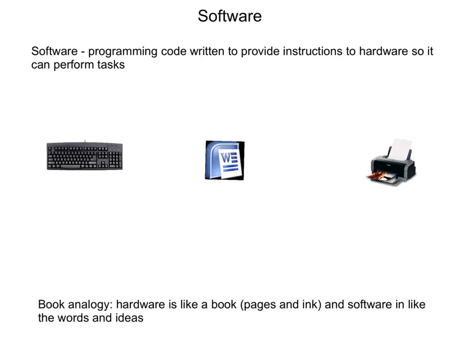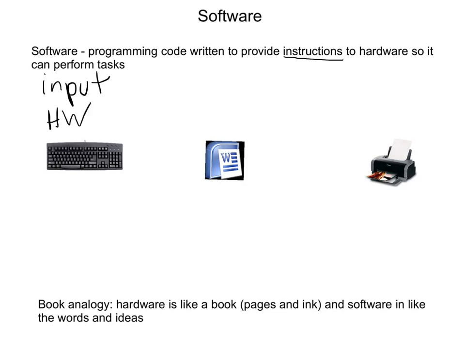Software. Software is programming code written to provide instructions to hardware so it can perform tasks. Instructions being the key word here. Now remember last lesson, lesson 1, we talked about how software instructions sit in the RAM so that the CPU can then fetch them and process them. So step 1, we're starting with our input device, which is like a keyboard, which is a piece of hardware.